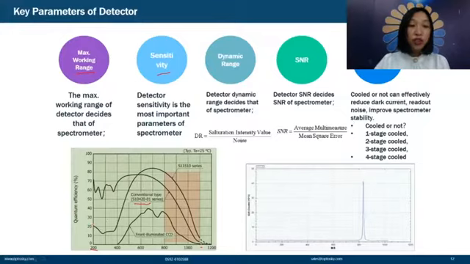The quantum efficiency is very low. But the S11510, starting from 200, the photon efficiency is 70 percent. It's over 3 times higher than this model.